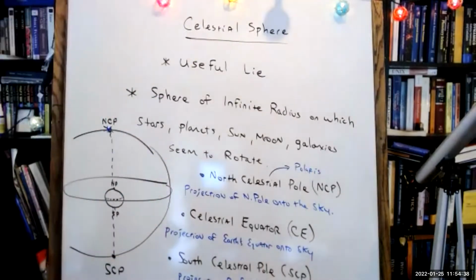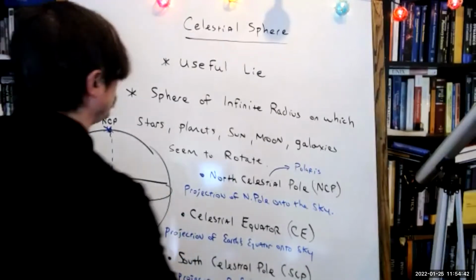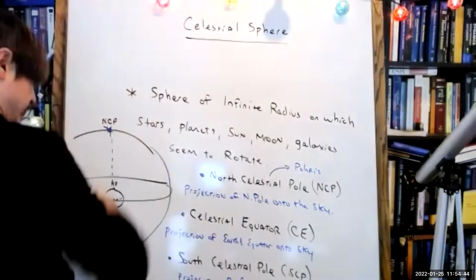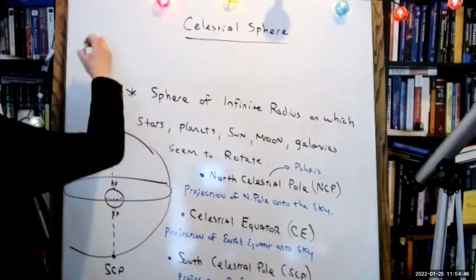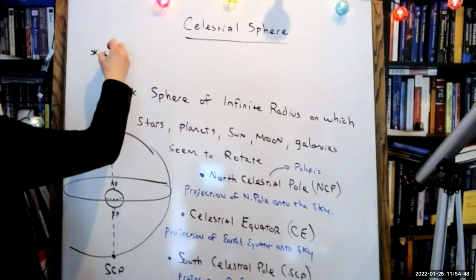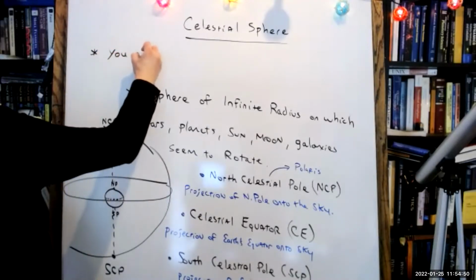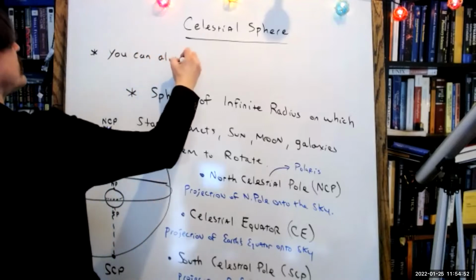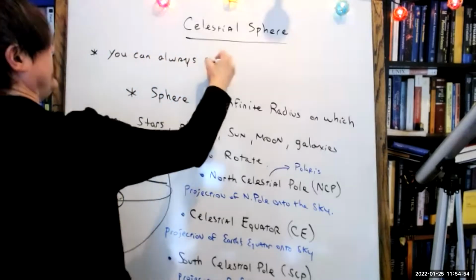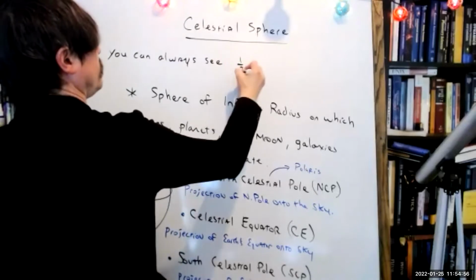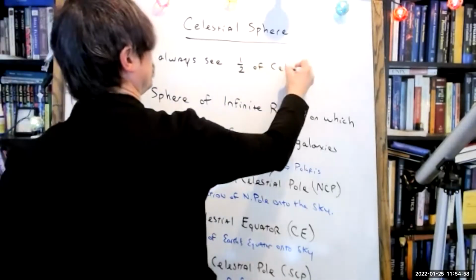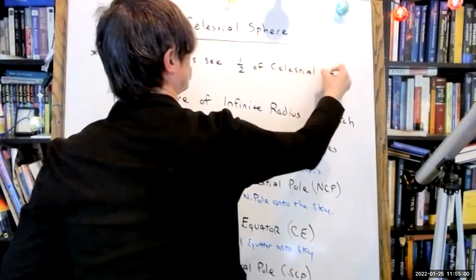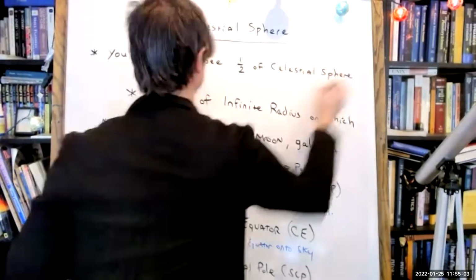Before we leave this little module behind, I have one more very important note for us to take about it. And I want to start by writing this down as a special bullet point. And it goes like this. You can always see exactly 1/2 of the celestial sphere.